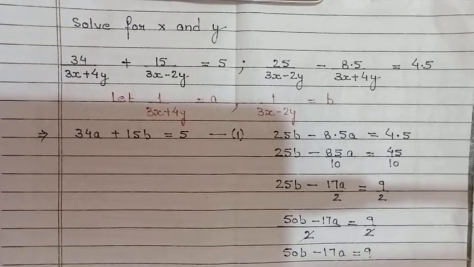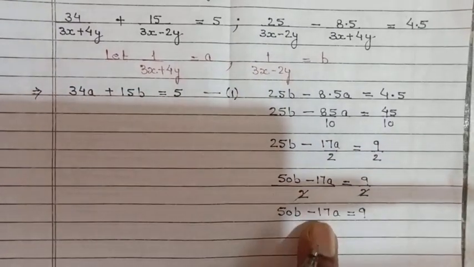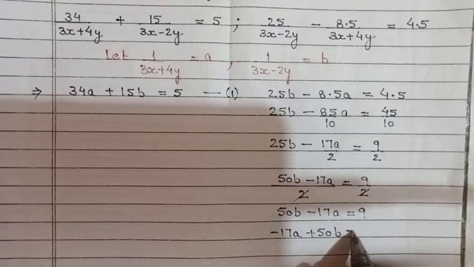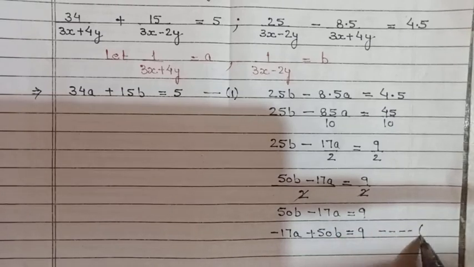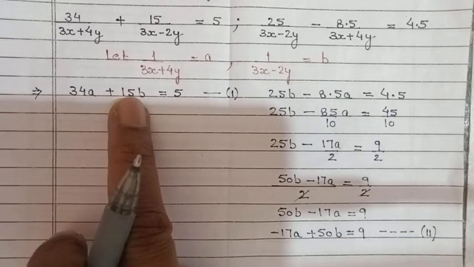Now we will be arranging this equation. First term containing a, so minus 17a plus 50b is equal to 9. So this is the second equation. Now you can see the first equation was in two variables a and b.